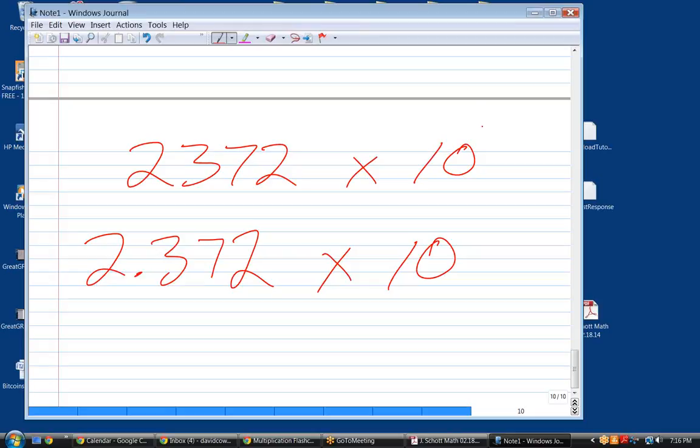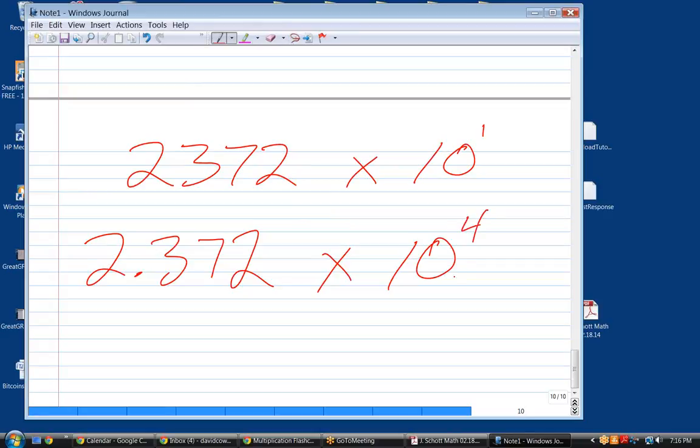No, there's a hidden 1 right there. Okay. So how many spots did I move my decimal point? Just 1. No, it was right there to begin with. Oh. 3. Yeah, it wasn't there. Right. Okay. So is it 10 to the 4th?